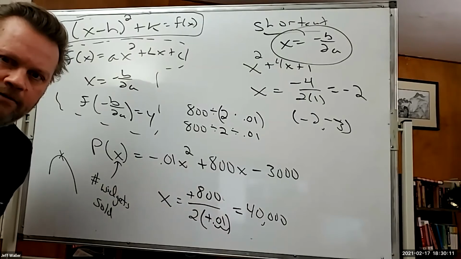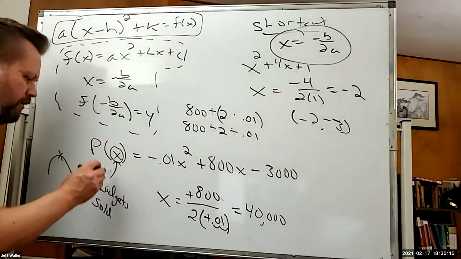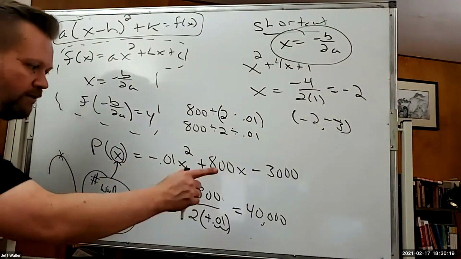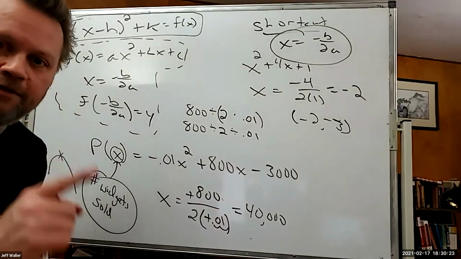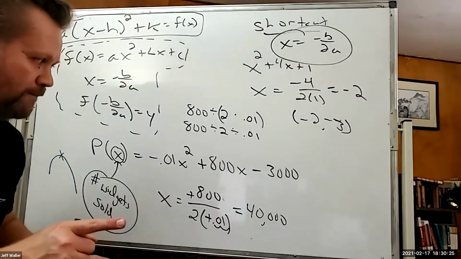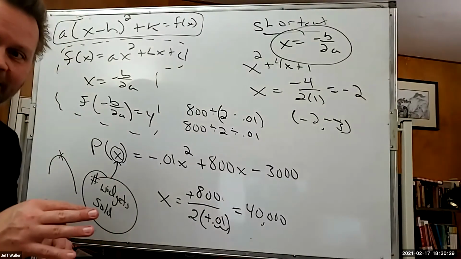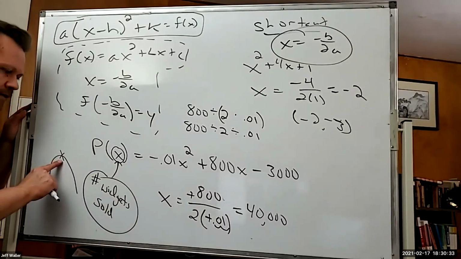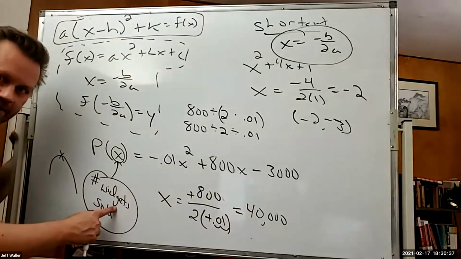What does X mean? The number of widgets. So 40,000 is the number of widgets to sell if we want the maximum profit. If you want to make the maximum profit, you better sell 40,000 widgets.